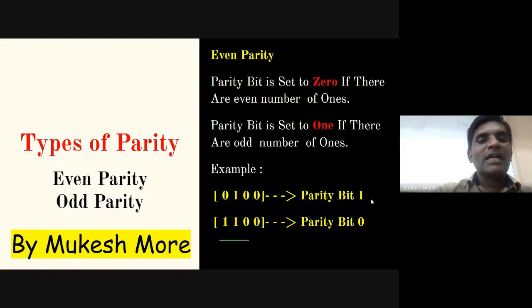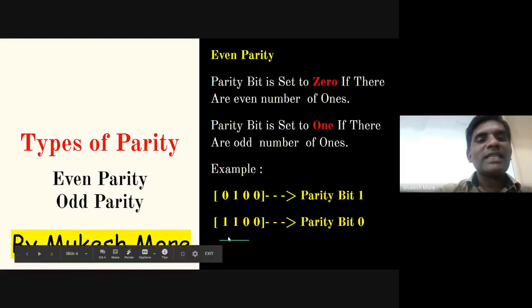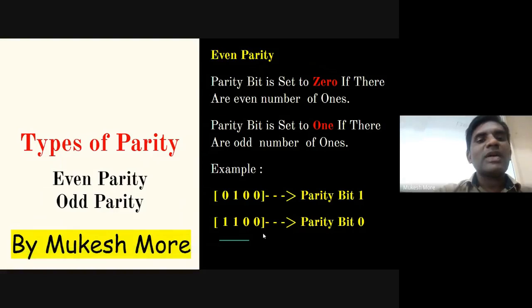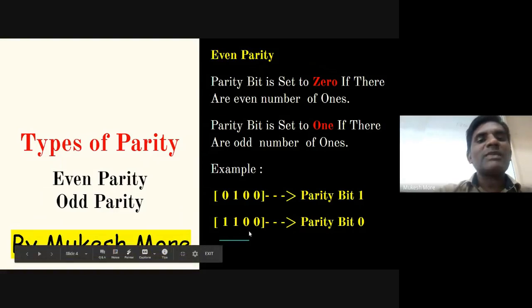Again, we have a second example: 1100. In this input stream we have an even number of ones, and we are talking about even parity. So there is no need to add parity bit 1, because we already have an even number of ones.